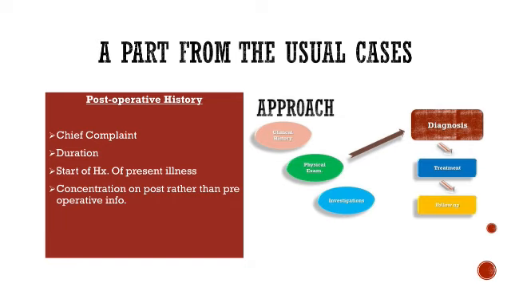Then respiratory tract review is very important because general anesthesia will affect the respiratory system, and there is a lot of information about post-operative respiratory complications, and every single candidate should be aware of that, like cough, chest pain, hemoptysis, and so on.